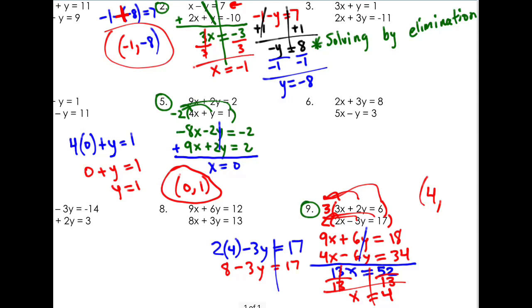And we're going to get rid of the 8 because we're looking to get that y by itself. Do that on both sides. That leaves a negative 3y is equal to 17 minus 8.